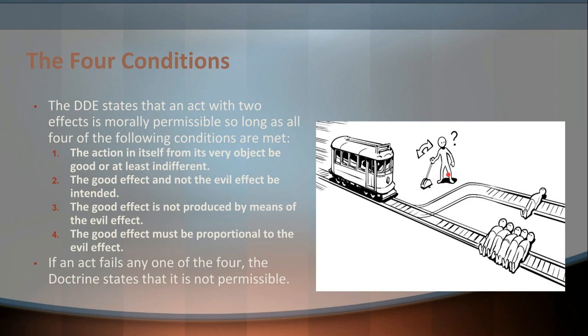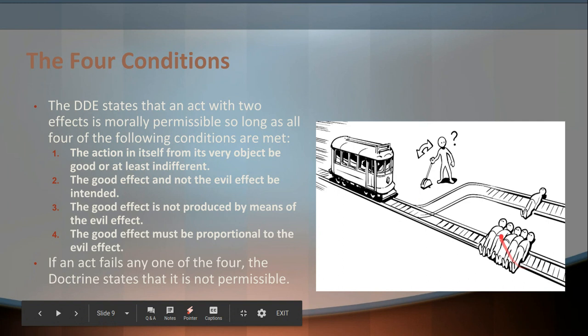If we go back to the trolley example, let's assume that the action we're going to talk about is throwing the switch and sending the trolley car onto the sidetrack to kill one and save five. Now, when you throw the switch, you're not trying to kill the person on the other side. This is something that happens, but if you could avoid it, you probably would. Instead, you're throwing the switch for a good reason. You're trying to save the lives of the people on the other track.